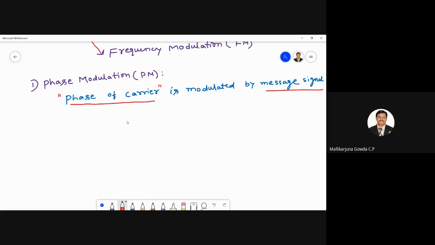So let me write the unmodulated carrier. In amplitude modulation, we considered only c of t to be Ac cos 2 pi fc t, where phi of t we assume to be 0. Here I am splitting and saying what is frequency, phase and amplitude. In phase modulation, the phase of the carrier is modulated by the message signal.